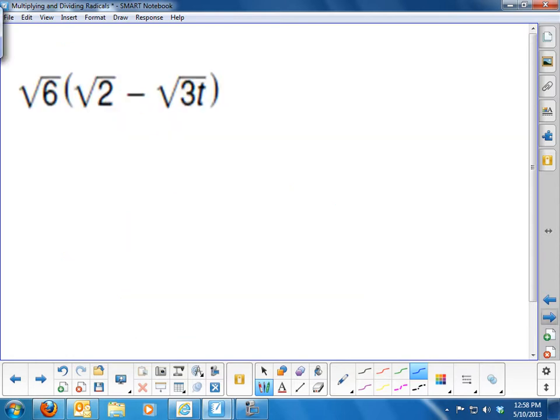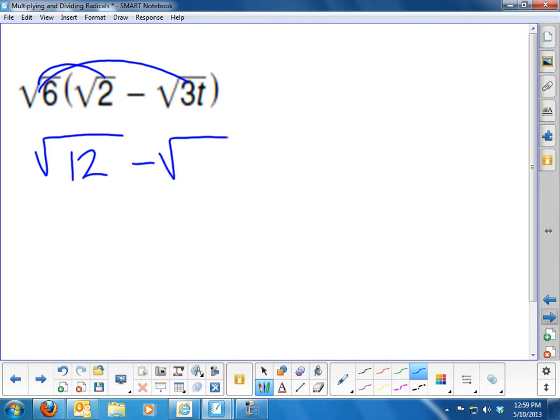All right. Next one. Here I don't have to FOIL because I don't have a binomial times a binomial. I just have the square root of 6 on the outside, so I just have to distribute it. Square root of 6 times the square root of 2. Remember, they do not have to be the same when we're multiplying, so I get the square root of 12 minus, what do I get when I multiply the insides of the next two together? 6 times 3t, 18t.